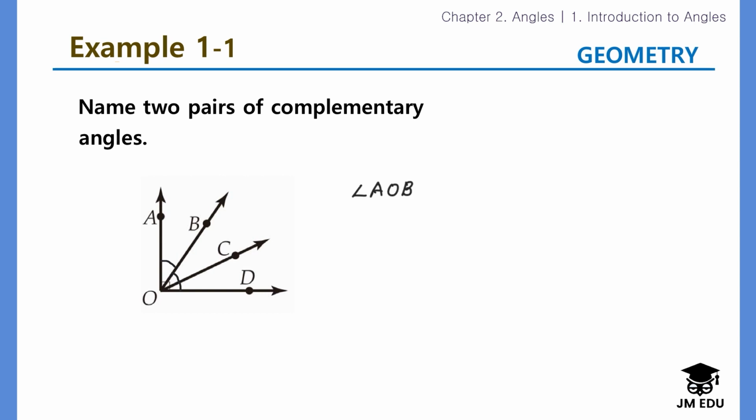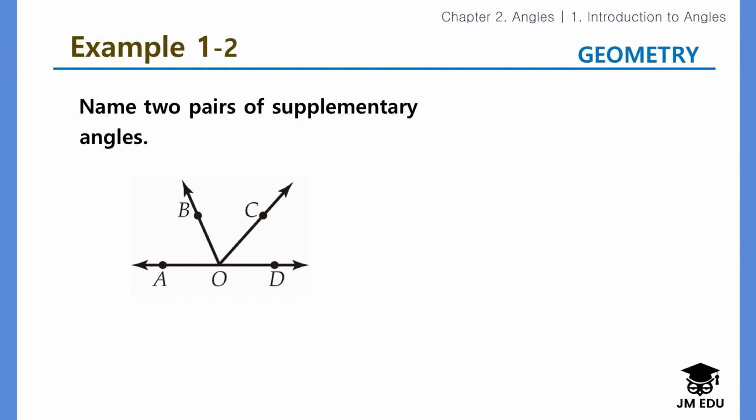Also, we can write angle AOC, from here to here, and angle COD, right? Sum of these two angles is 90 degrees, right? So angle AOC and angle COD. These are two pairs of complementary angles.